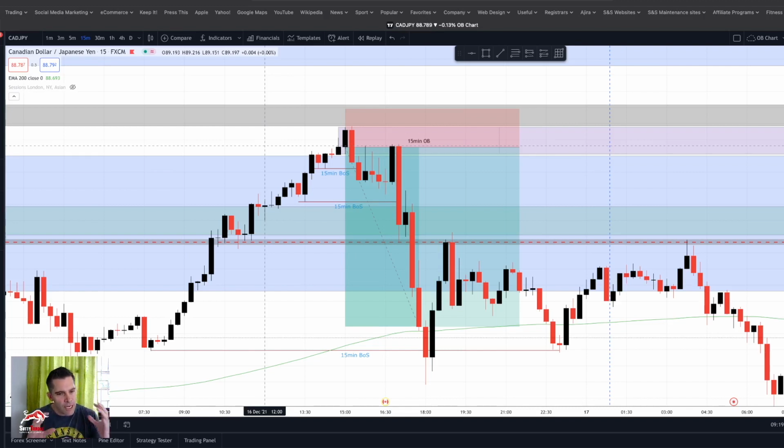Once you have that change of character, the change of trend, if you can find out where that is, that's huge, and that's exactly what I did here. So I posted that and I said, I didn't trade directly on the 4-hour or the 1 hour. That is an area that I'm looking at, and then I was just waiting for that break of structure.